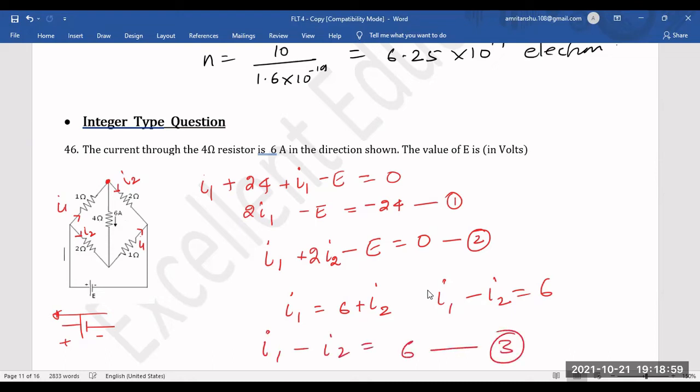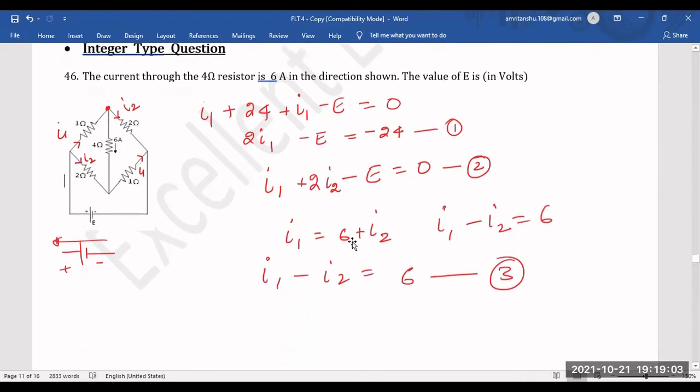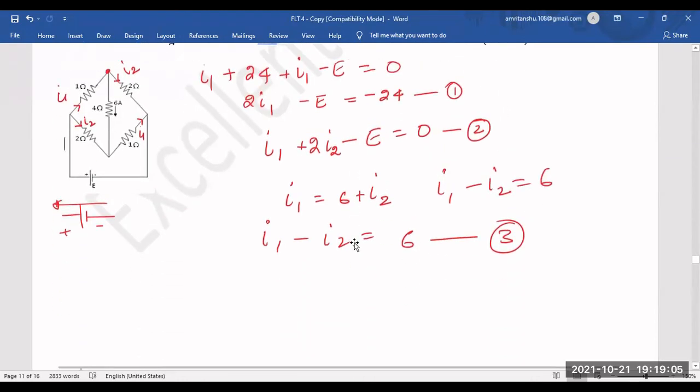So we have 3 equations and 3 variables. Now how to solve this to get the value of E? Let's say I multiply this equation with 2.